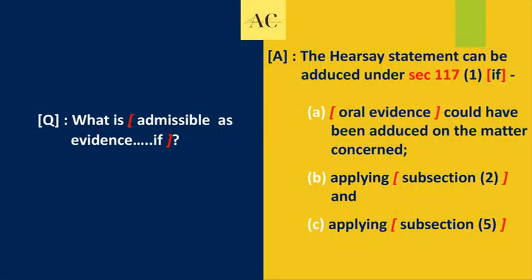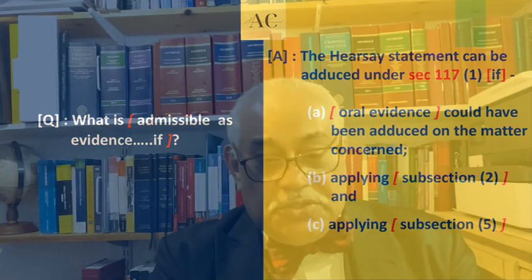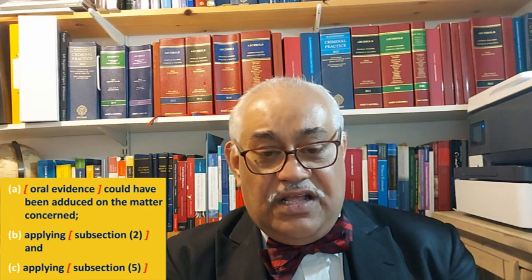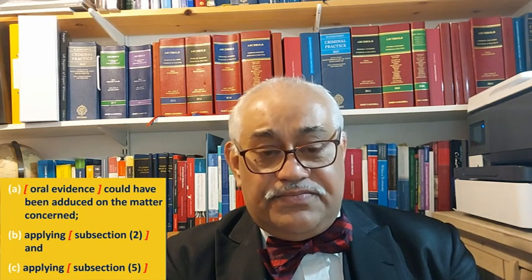Next question that I'm going to ask is, what is admissible as evidence? It means: A. Oral evidence could have been adduced on the matter concerned. Now let's go back to the case of Wilkinson and Hull.